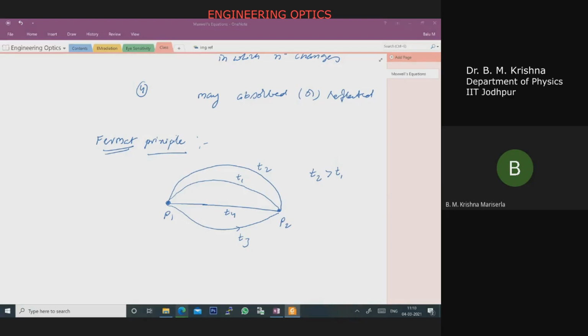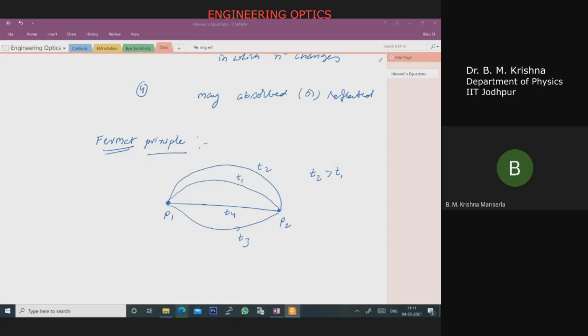So this is the Fermat principle. In geometrical optics we follow the Fermat principle. We always assume light travels in the shortest time, so it takes the path which can reach from one point to the other point in the shortest time.